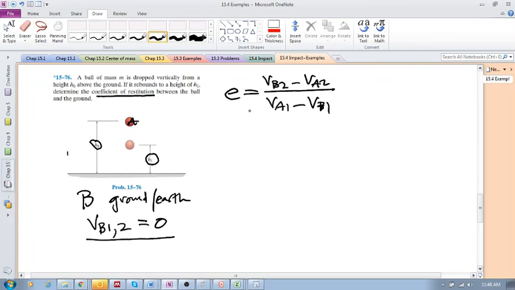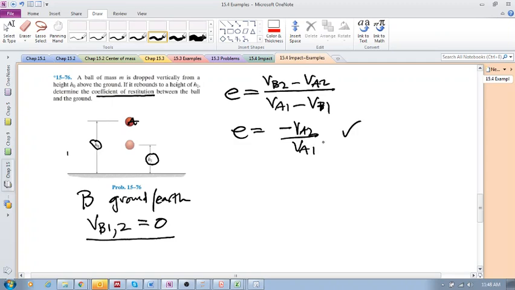That simplifies this, and we have E is then minus VA2 over VA1, since VB2 and VB1 are both 0. So that's the first step, to recognize that the velocity of the earth, the ground, is 0.